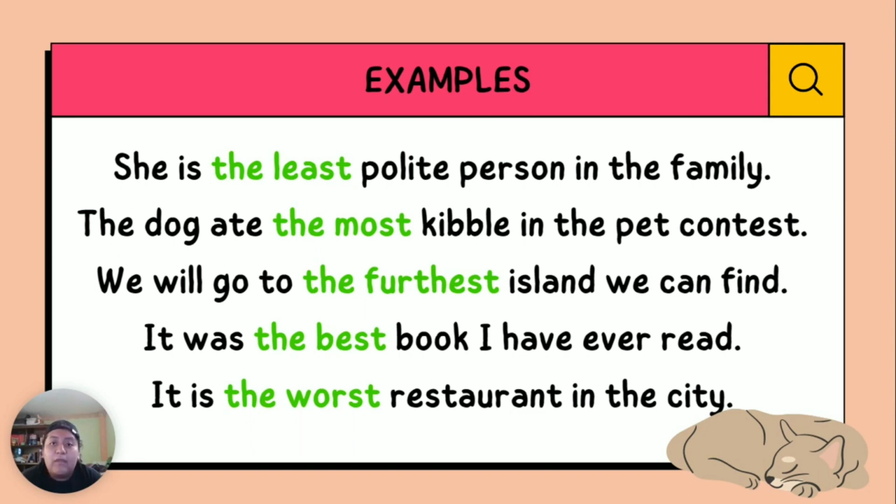Next example, we will go to the farthest island we can find. The adjective is far. Next example, it was the best book I have ever read. The adjective is good. Next example, it is the worst restaurant in the city. The adjective is bad.